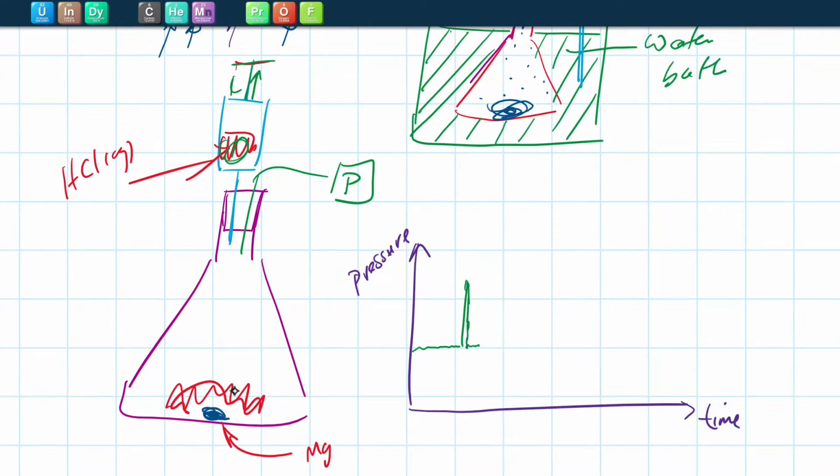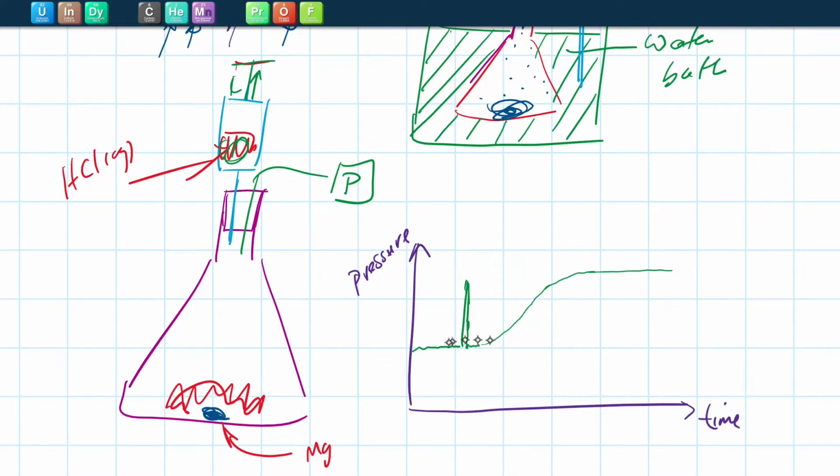So you'll have your hydrochloric acid mixed with your magnesium metal. As they react, the pressure will slowly increase, because the reaction creates hydrogen gas, H2 gas, until all of the magnesium is completely reacted, in which case you won't produce any new gas at all, and you'll have a flat line.